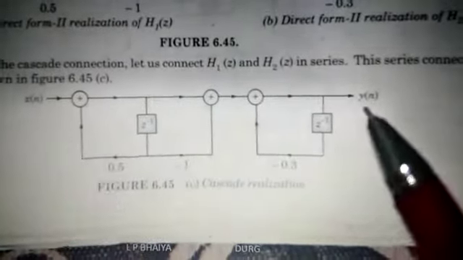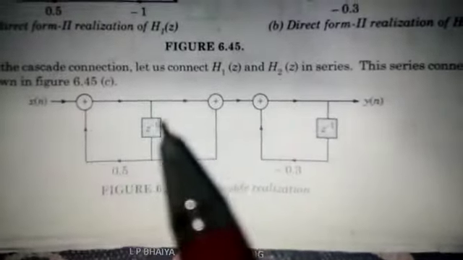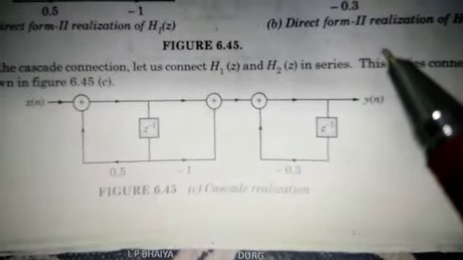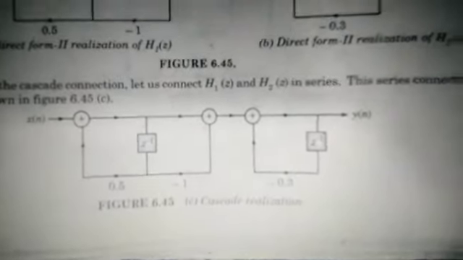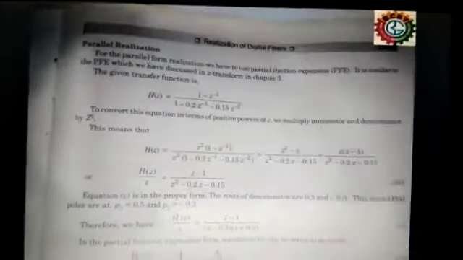But in parallel realization, we take this H of z, that is Y of z upon X of z, equal to, let us say, H1 of z plus H2 of z and so on. But for this, we have to convert the transfer function into partial fractions so that we get H of z equal to H1 of z plus H2 of z. Let us see the parallel realization now.